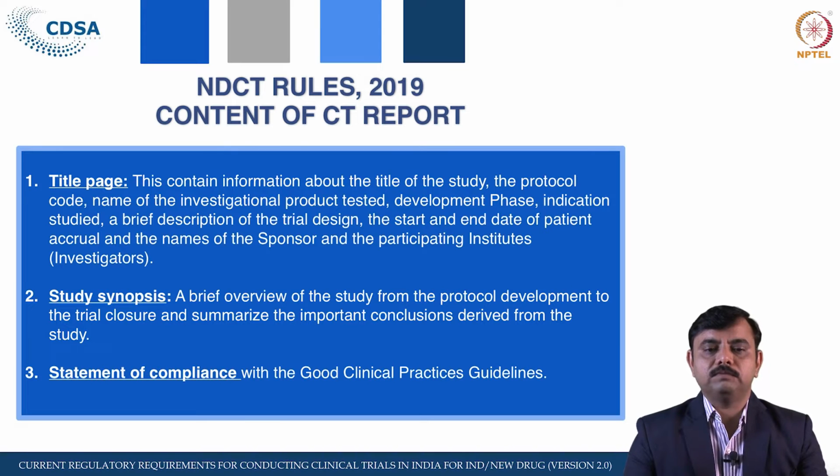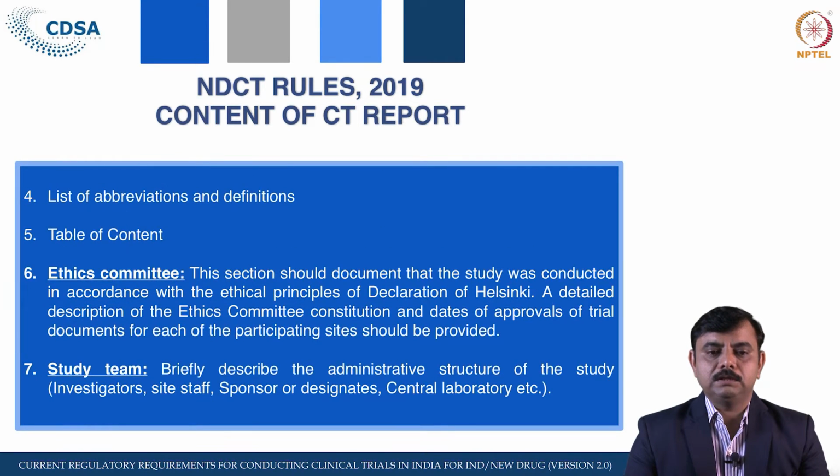Then a list of abbreviations and definitions, for example IP for investigational product and AE for adverse event. All the abbreviations used and their definitions have to be given. Then a table of contents is required.